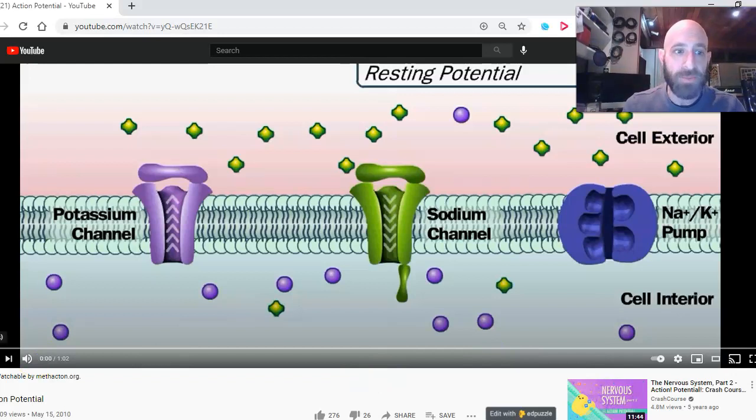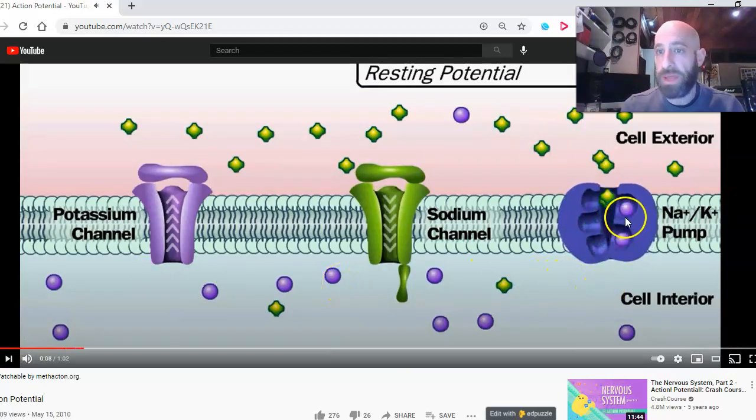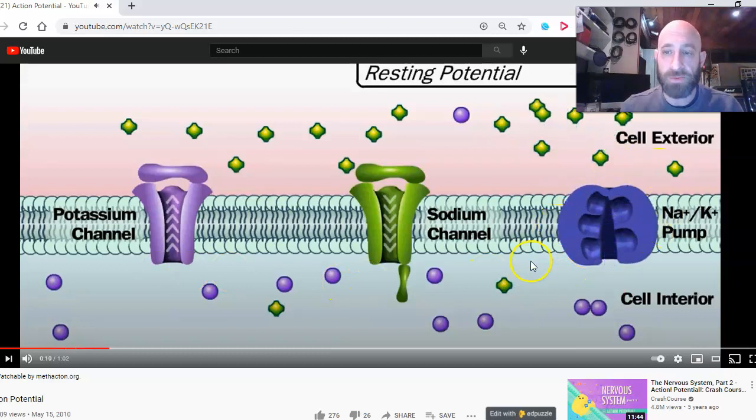I like this animation. So what you see here is you see a membrane. You have your potassium channels here, you have your sodium channel here, and you have your sodium-potassium pump. We have our potassium channels closed, our sodium channel is closed. So let's see what happens. We have an impulse travel down the membrane. That's the sodium-potassium pump just kind of keeping resting potential, letting sodium out, potassium in.